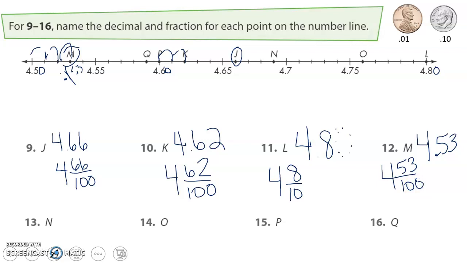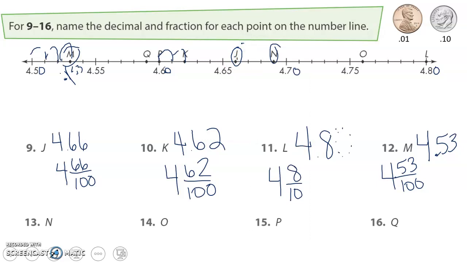Okay, let's look at one more. I have N. N is right here. N is in between 4 and 65 hundredths and 4 and 7 tenths. That can be a little confusing. So once again, I want you to envision that 0 right there. So now that to me looks like 4 and 70 cents or 4 and 70 hundredths. Now it's a little bit easier for me to work this out. So we already know that J is 4 and 66 hundredths.